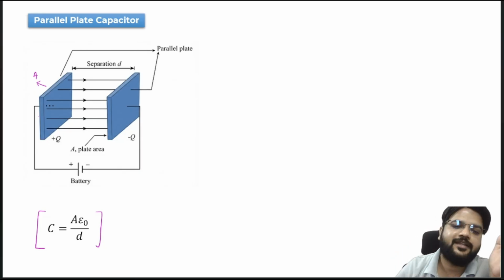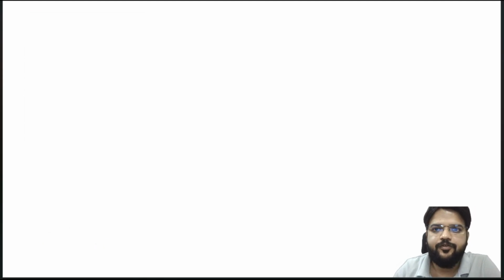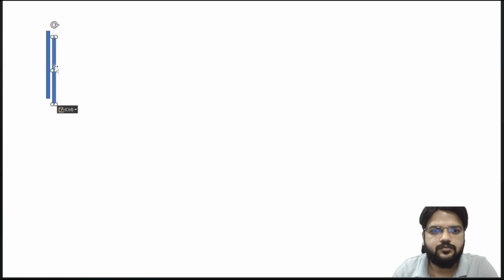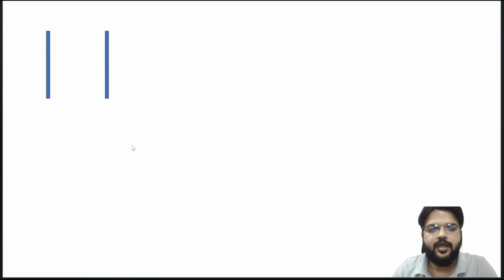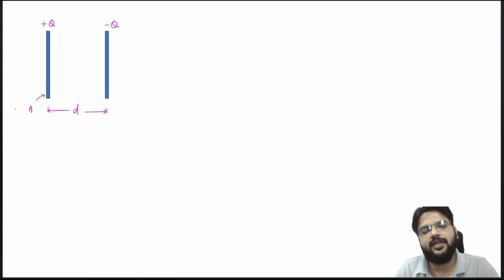Now let's see how we are getting this formula. So see it, everyone. First of all, take two parallel plates and put these two plates at distance D. The charge on the first plate is plus Q and the charge on the second plate is minus Q. The surface area of the plate is A, everyone, correct?